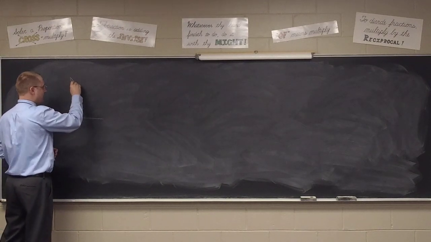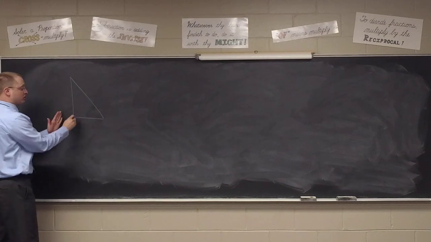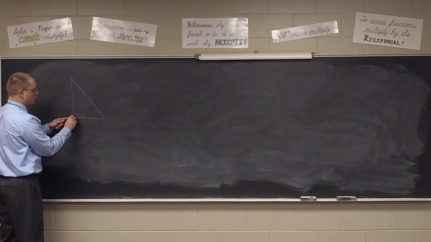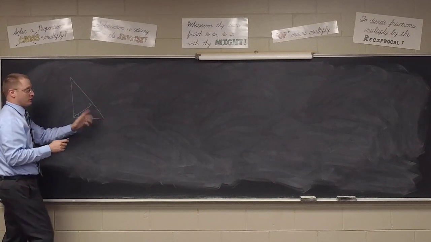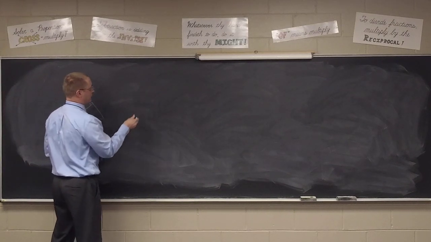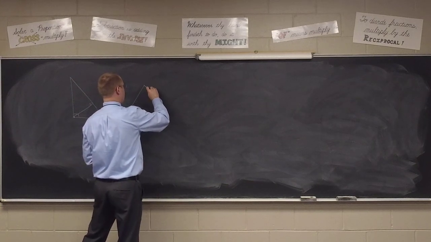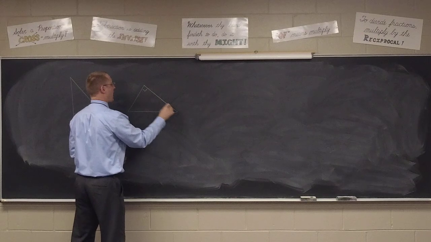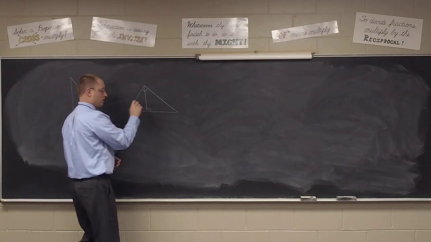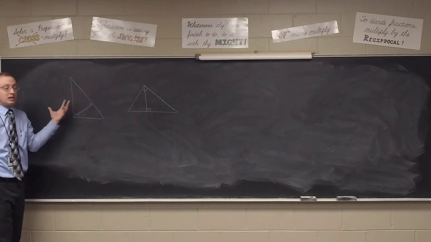So if we were looking at it in our standard orientation, where we're used to seeing the right angle down here in the bottom, we would draw from here straight across perpendicular to the hypotenuse. However, generally when we see the picture, we've rotated it, so that the altitude comes down this way. Doesn't really matter what orientation you have.